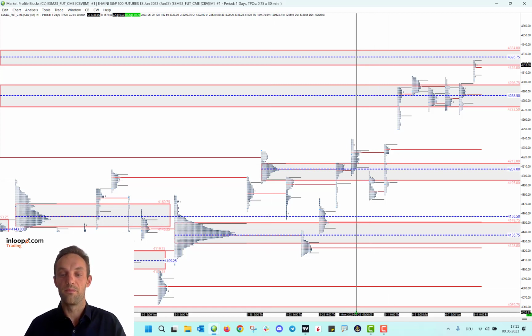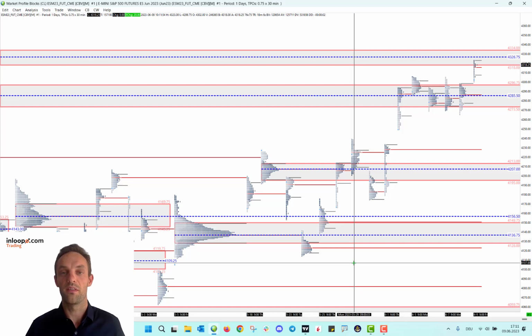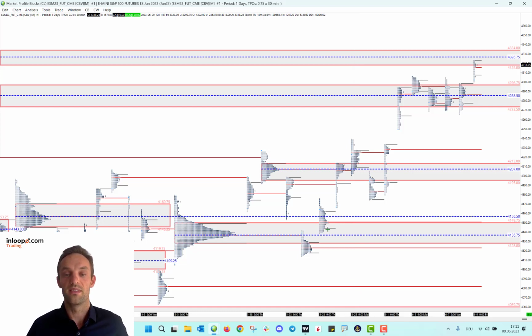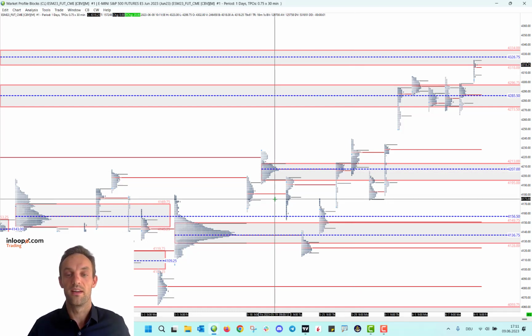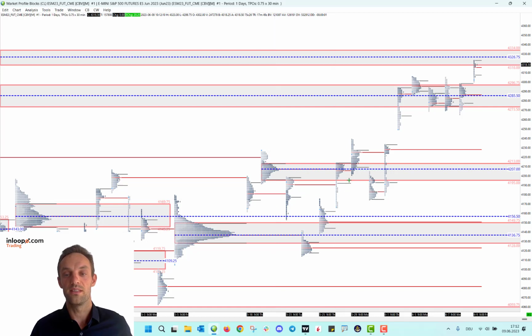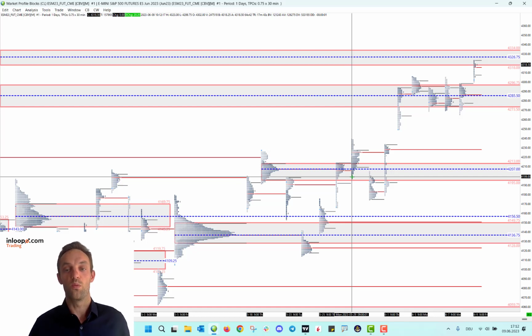So first of all, the most important thing you need to know is, if you're using market profile, then please use it only for US opening hours. So here you can see the S&P 500 future again, and all the market profiles you can see here for each day are only for the US opening hours.